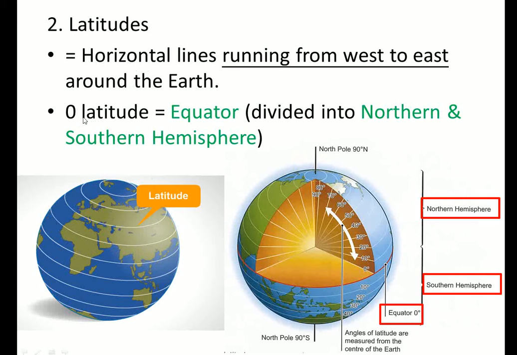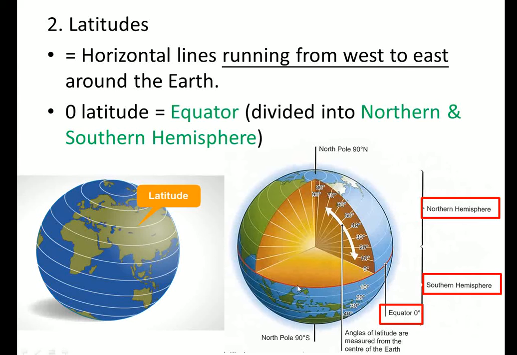And also, there is an important latitude which is called 0-degree latitude. This is called the equator, 赤道. In Chinese, 赤 means very hot, so all the countries along this equator are very hot.